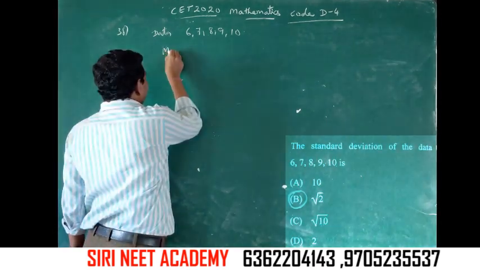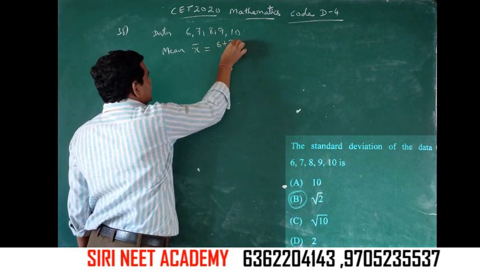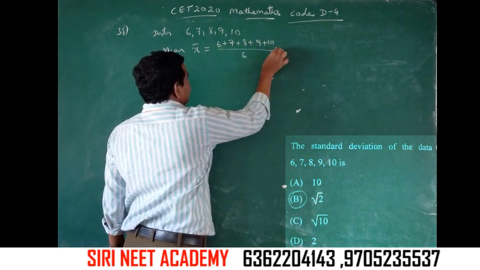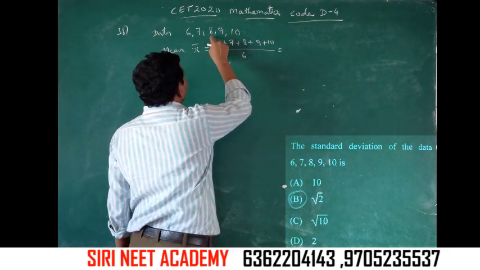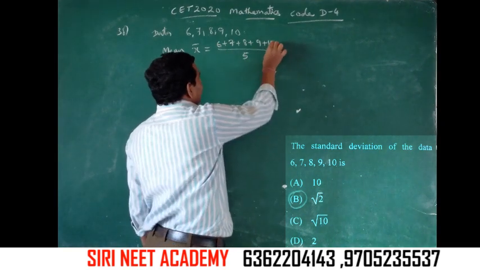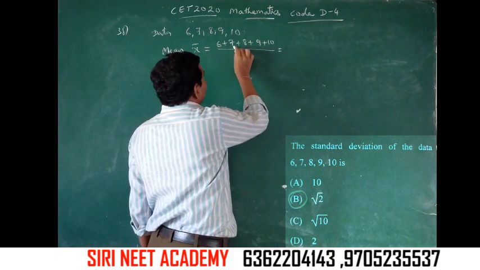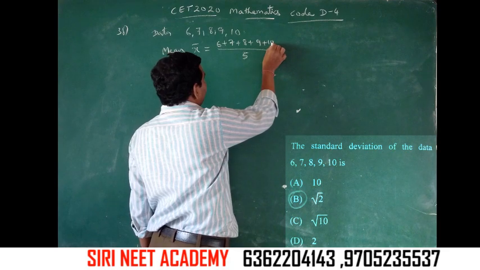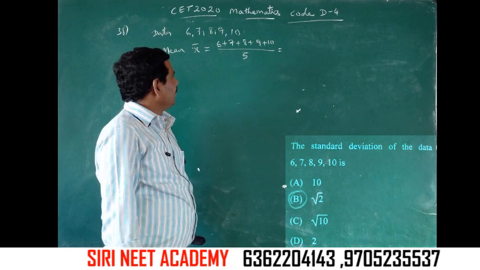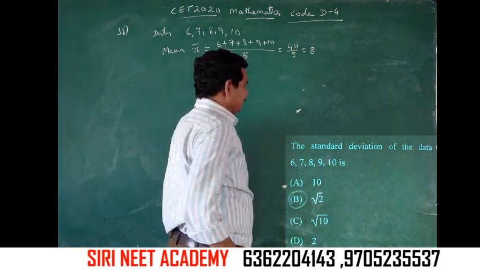First, its mean: 6 plus 7 plus 8 plus 9 plus 10 divided by 5. 6 plus 7 is 13, plus 8 is 21, 21 plus 9 is 30, plus 10 is 40, divided by 5 is 8.